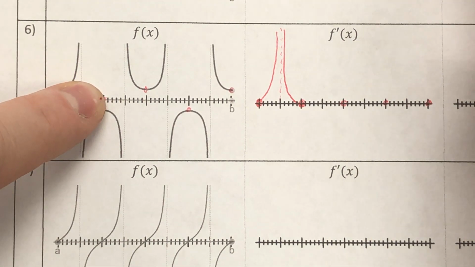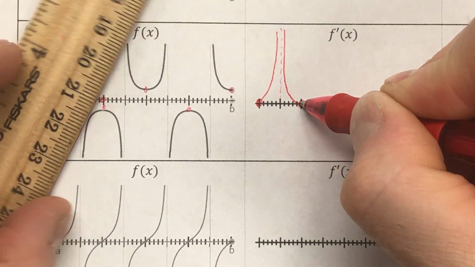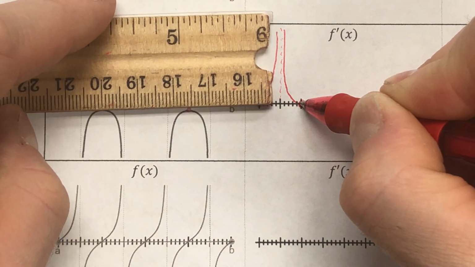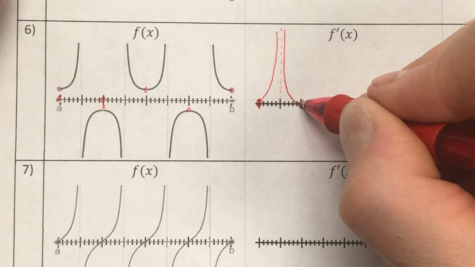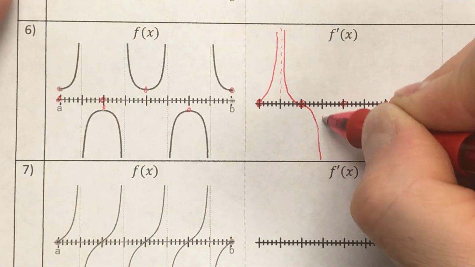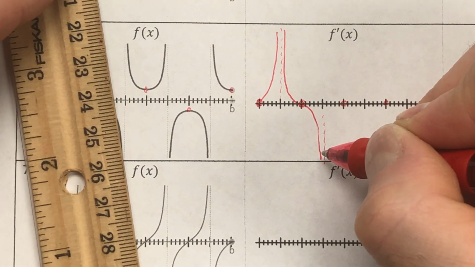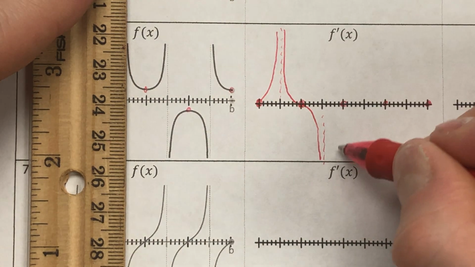And at that point, when I hit 0, I was positive, positive, positive, positive, positive. Now I'm going negative all the way to negative infinity. So I'm going to curve all the way down to negative infinity. Never going to make it there. But once I hit negative infinity, I jump over to the next piece, and again, I'm still at negative infinity.